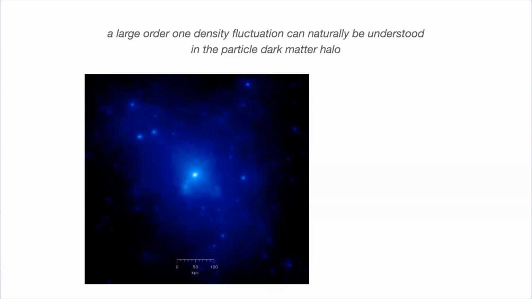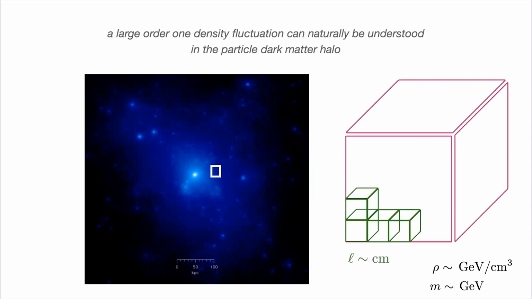So this is just the usual particle dark matter halo. If we zoom in on the particle dark matter halo, let's say we fix the mass to be GeV scale. And if we zoom in close enough that we are just talking about a 1 centimeter cube box, and we ask for the number of dark matter particles in this small box, there will be more or less order one particle, because I'm fixing my dark matter mass to be GeV and I'm choosing the box size to be a centimeter. The centimeter is the interparticle distance in this case. So in each of these boxes, there are order one numbers of dark matter particles.